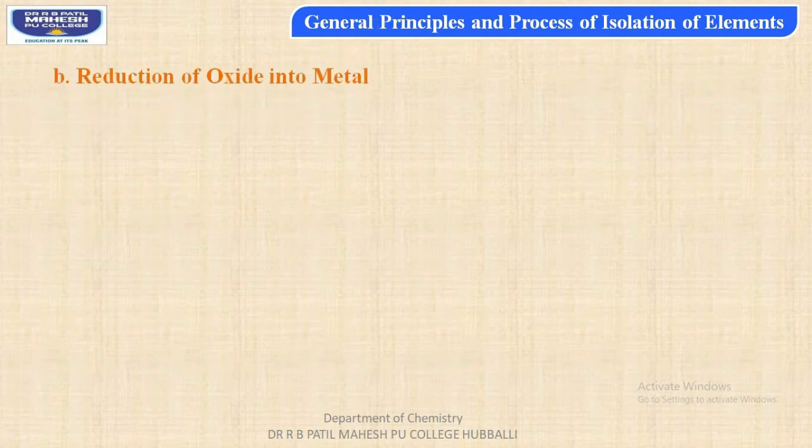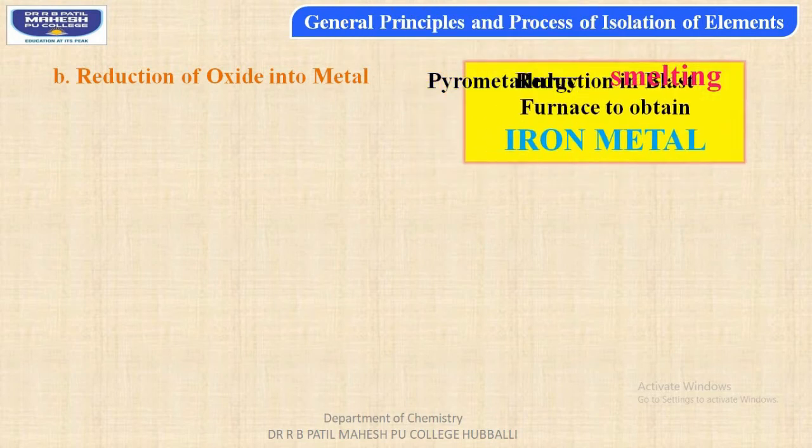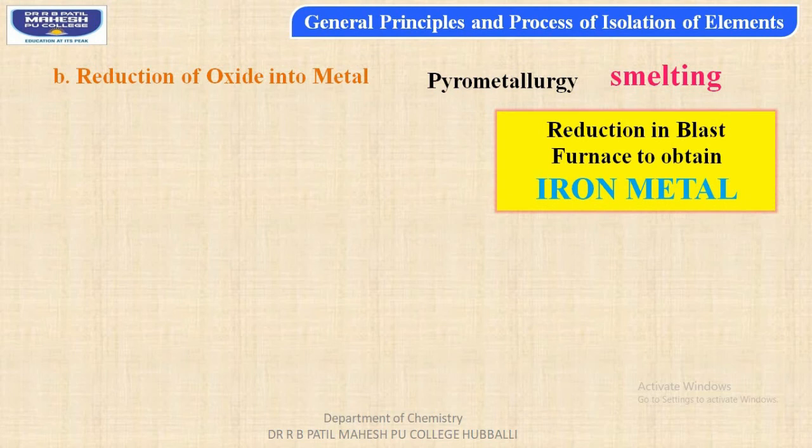The second method of extraction is the reduction of metallic oxide into free metal. For this we use pyrometallurgy, that is, the smelting process. In this case, reduction occurs in the blast furnace and we get iron metal.